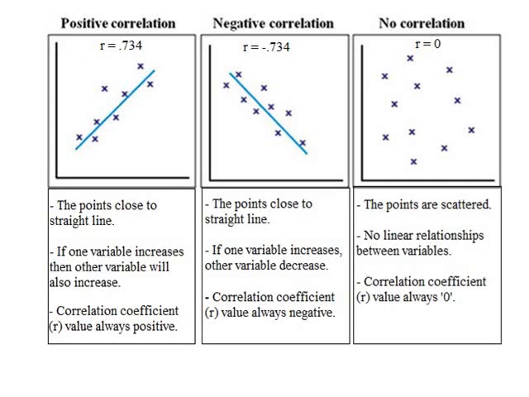In negative correlation, the points are close to a straight line. If one variable increases, the other variable decreases. Correlation coefficient value is always negative. In no correlation, the points are always scattered. No linear relationship between variables. Correlation coefficient value is always 0.